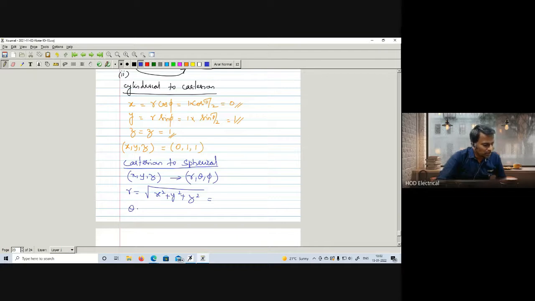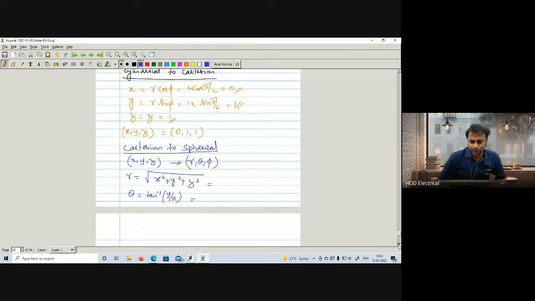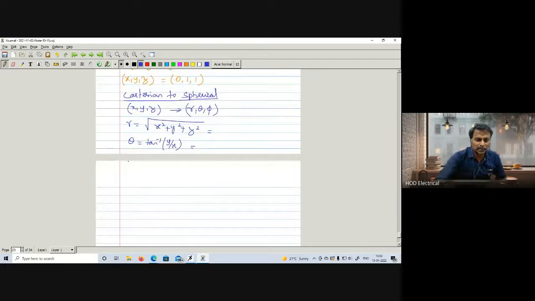Then theta is equal to tan inverse of y by x. Then phi is equal to cos inverse of z by r.